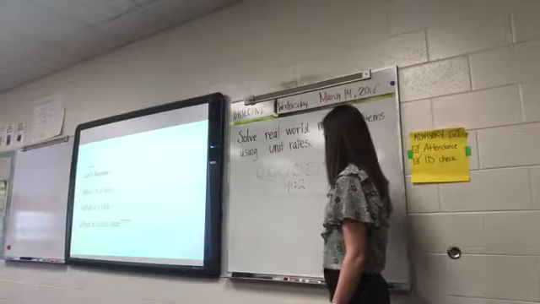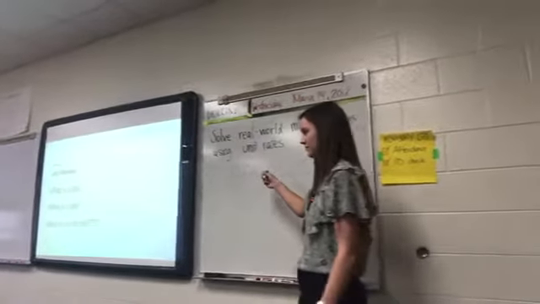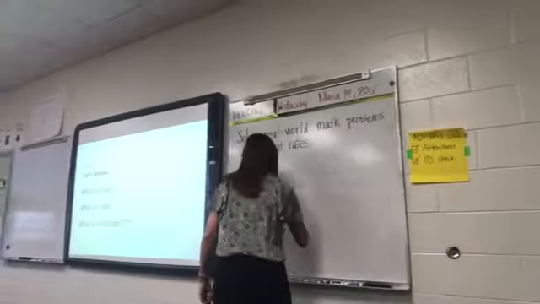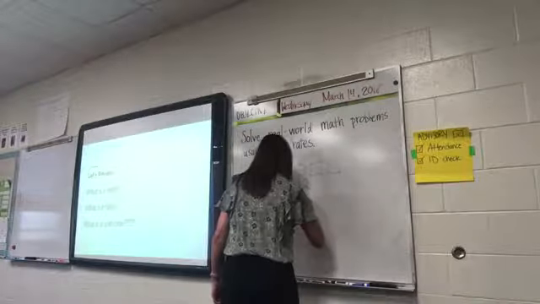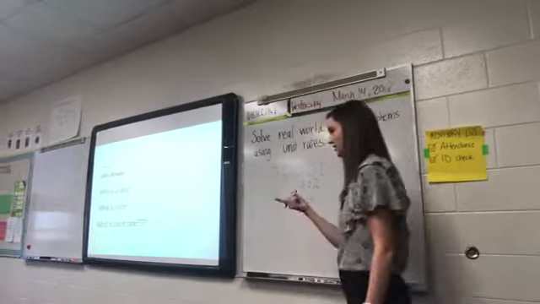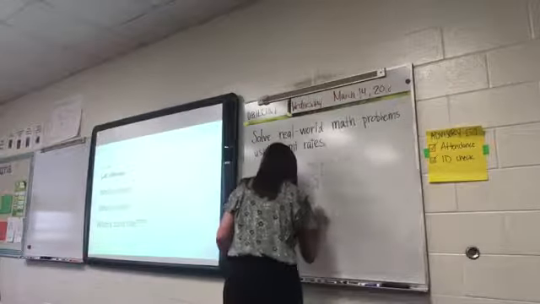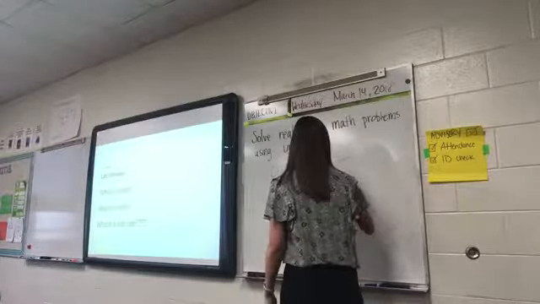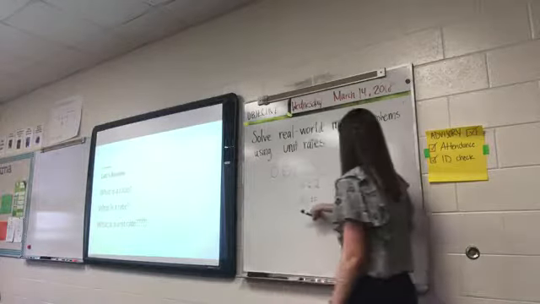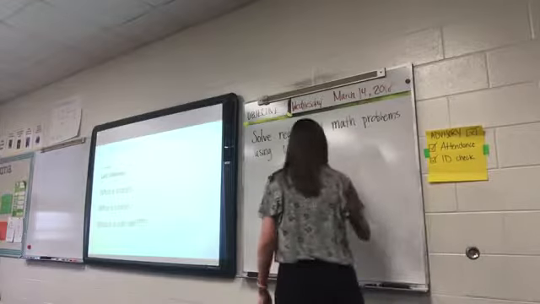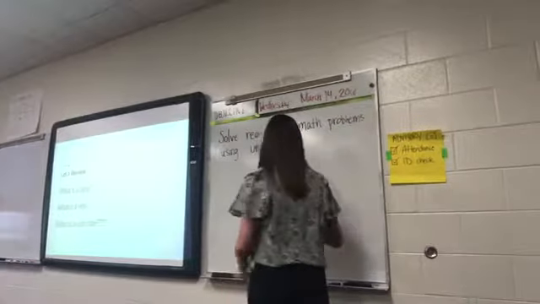So what would my ratio of squares to circles be? 2 to 4. And can we condense this ratio? What would it condense to? 2 to 1. Or I guess this one would be 2 to 1, and this one would be 1 to 2. Good. So you understand ratios.